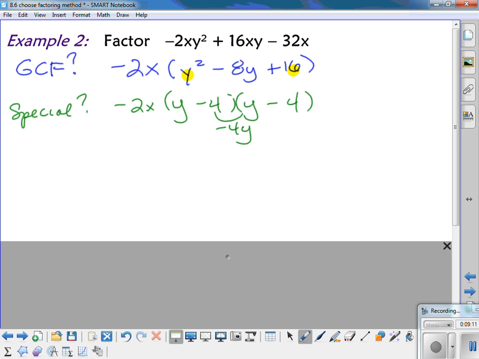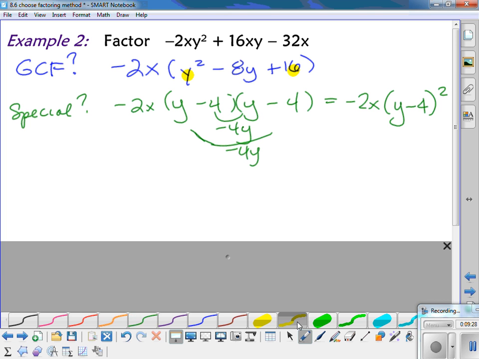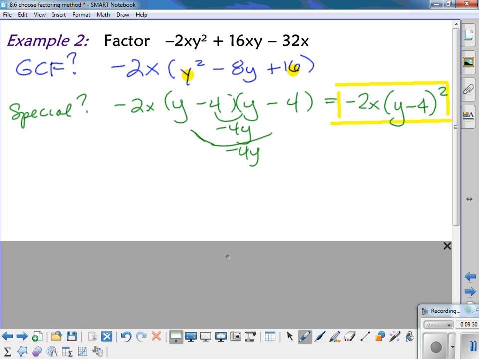I get negative 4y and negative 4y. Does that add up to my negative 8y? Yes, it does. So then I can rewrite it, again with the negative 2x still out in front, and then y minus 4, the quantity squared.